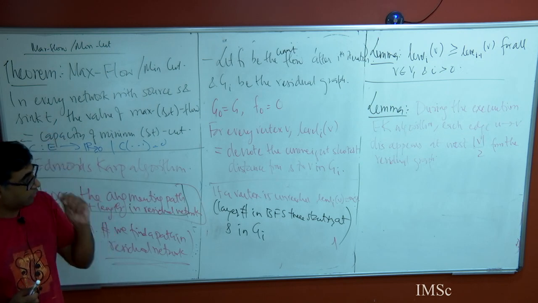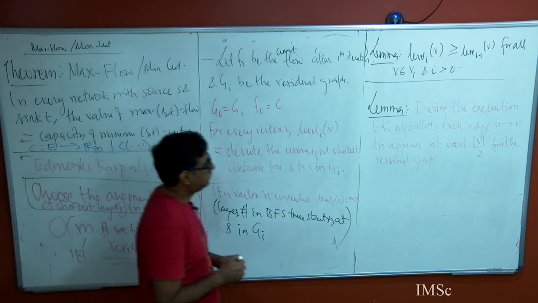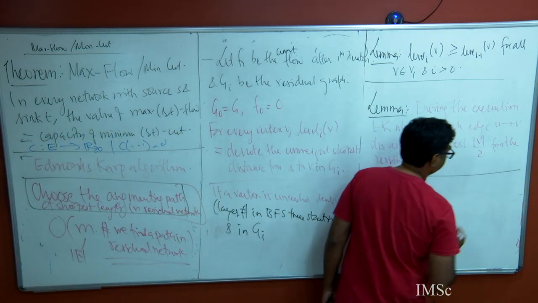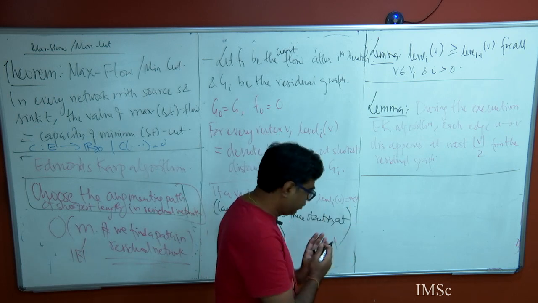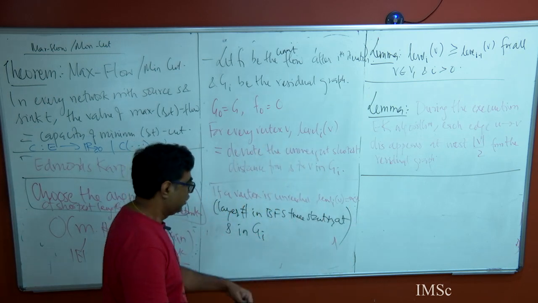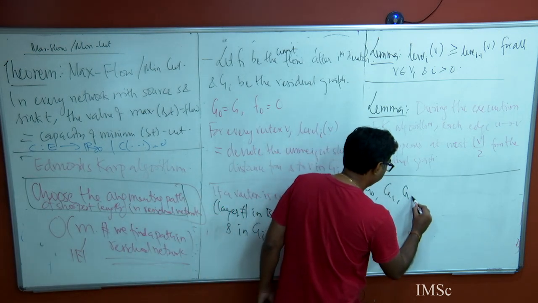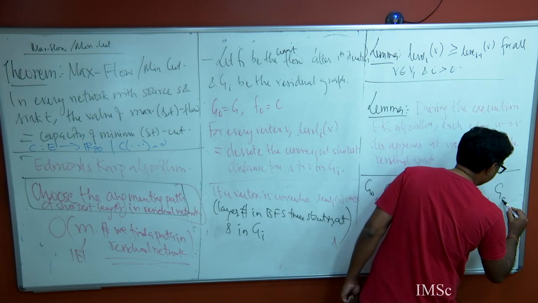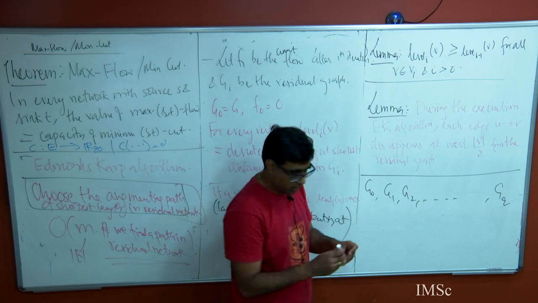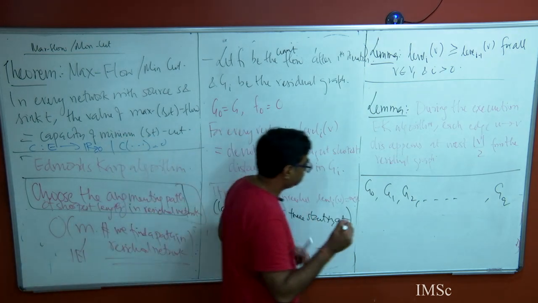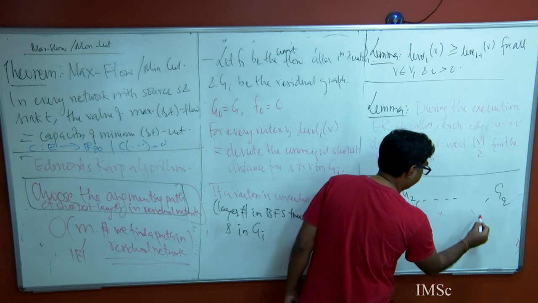Now suppose we prove these two lemmas, are we done? Look. What does it tell us? Suppose I have G0, then G1, G2, dot dot dot, GQ, and then it ended. Any edge uv disappears a certain number of times.